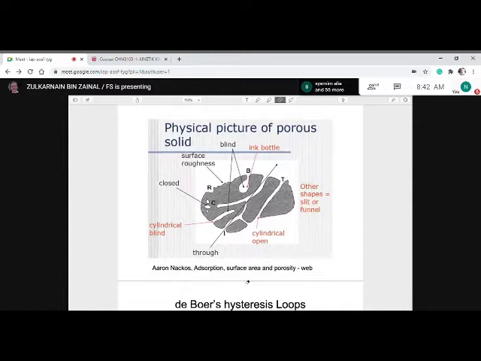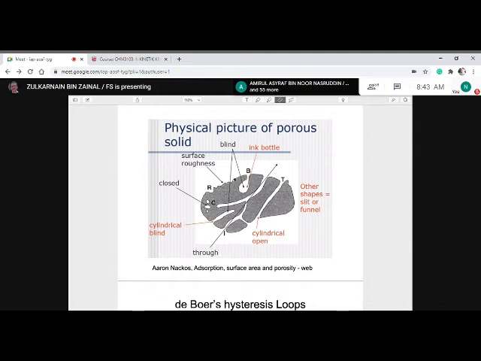Okay, physical pictures of pores or porous solid. You can have many types of pores. You can have the cylindrical blind pores.